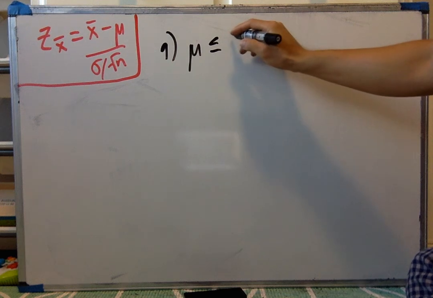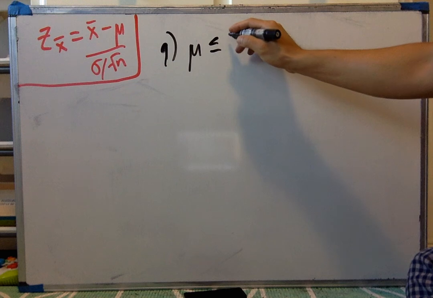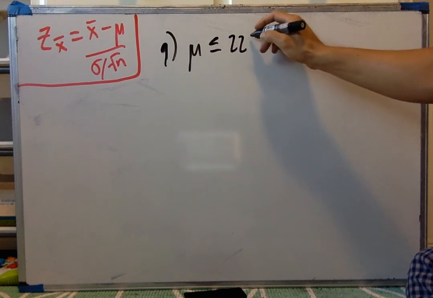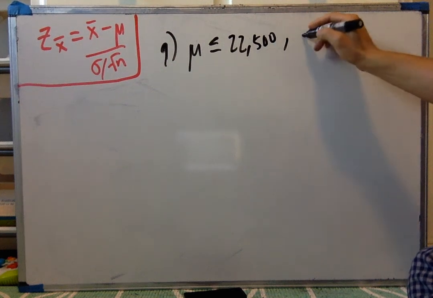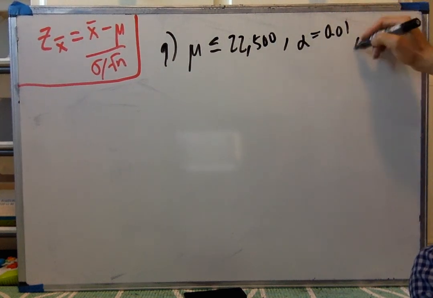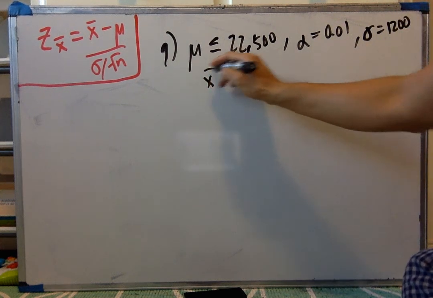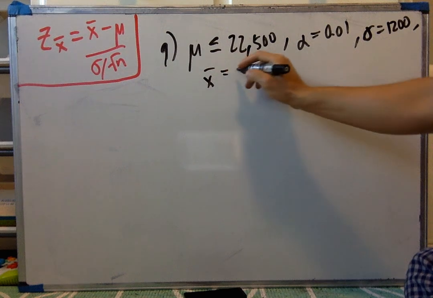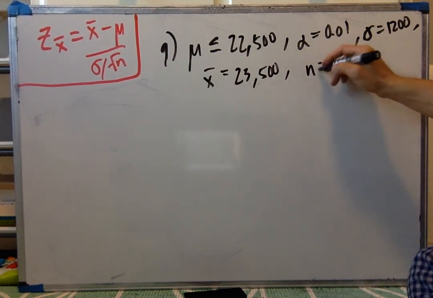Okay, anyways, the claim, this is number 9, is that mu is less than or equal to 22,500. Alpha is 0.01, sigma is 1200, x bar is 23,500, and n is equal to 45.